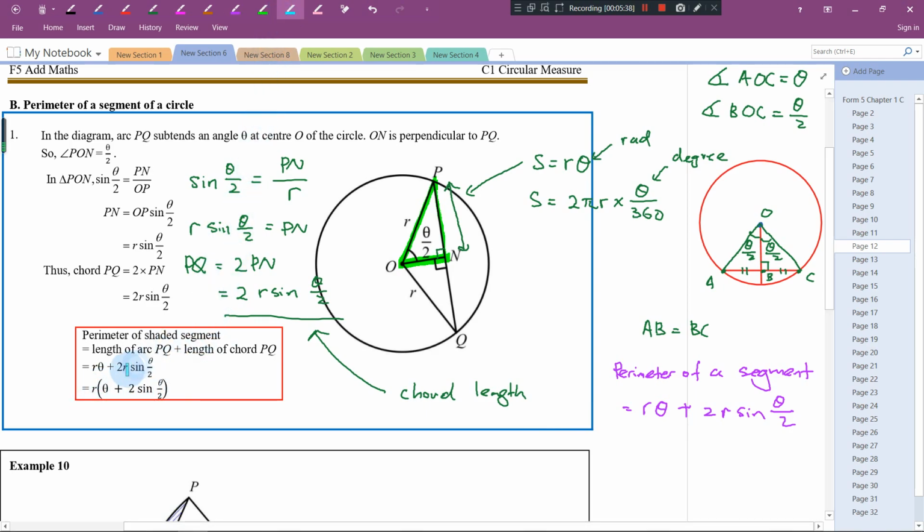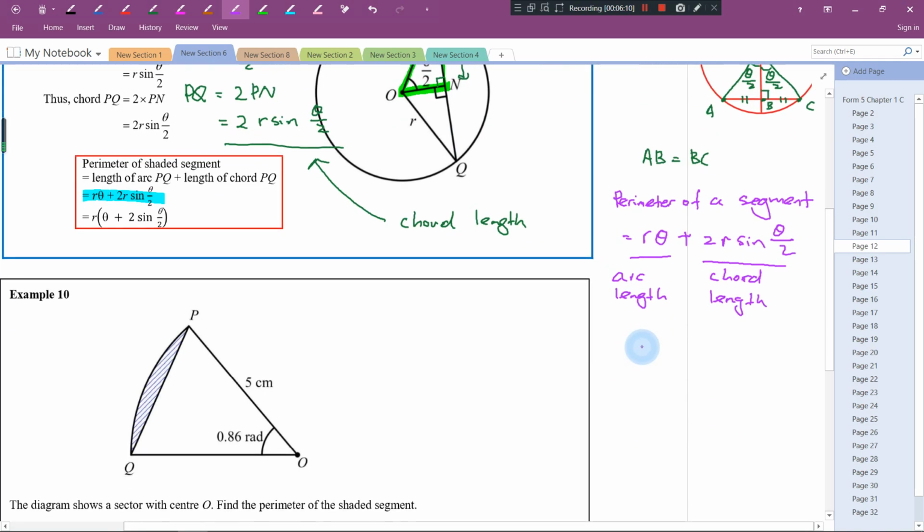Personally, I would suggest you remember this one instead of this, because if you remember this one, you are very clear. This is for chord length. This is for chord length. And this is for arc length. So the perimeter of a segment is r theta, arc length, plus 2r sine theta over 2, chord length.